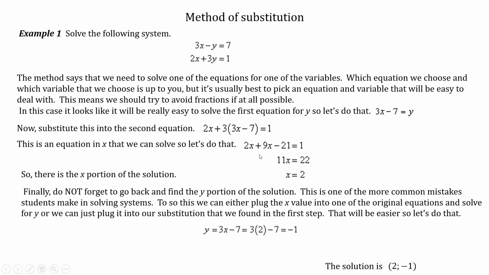For this, we move negative 21 to the right-hand side as positive 21 and find the sum. After that, dividing both sides by 11, we find x equal to 2.